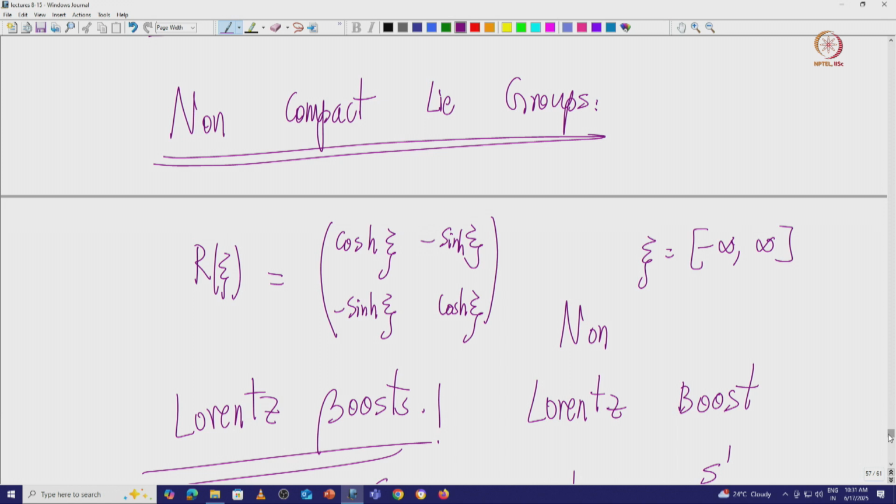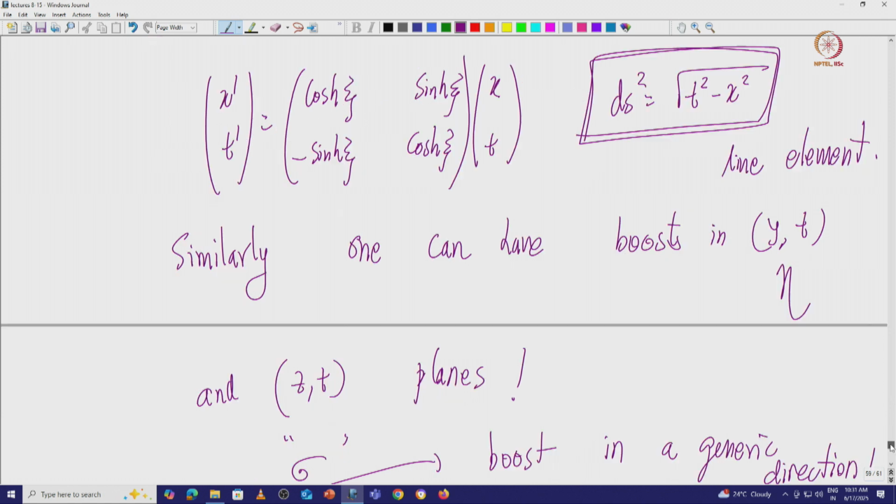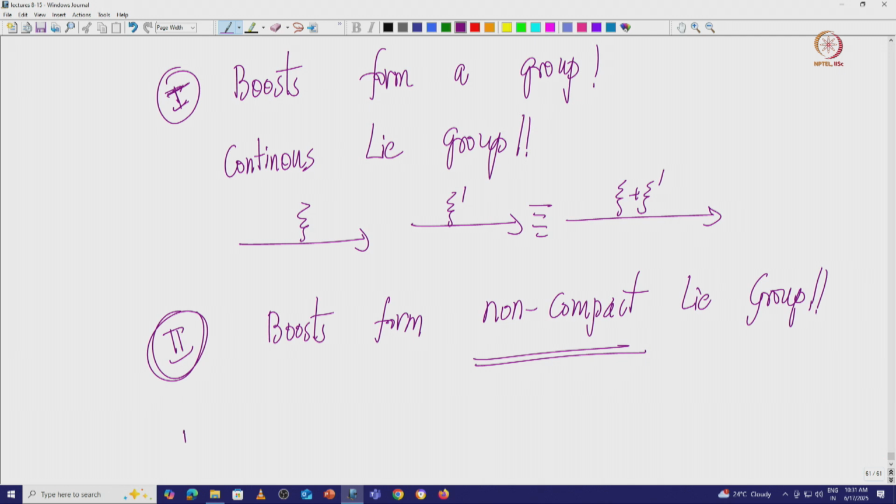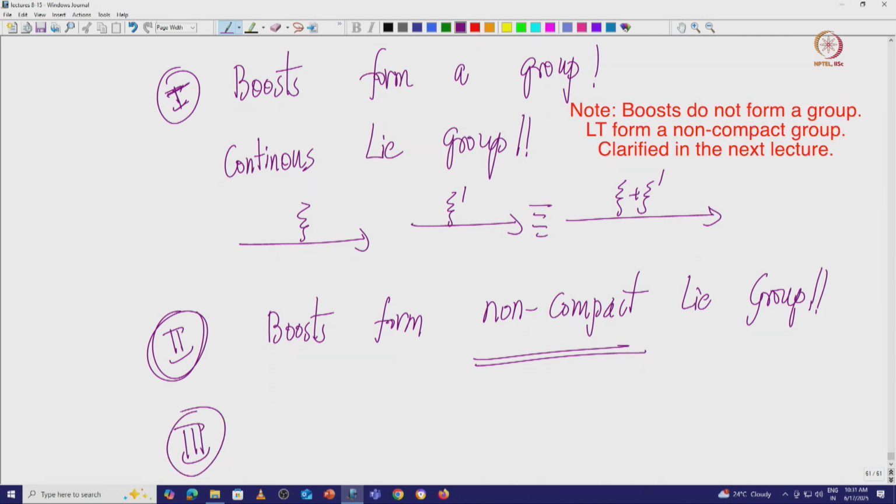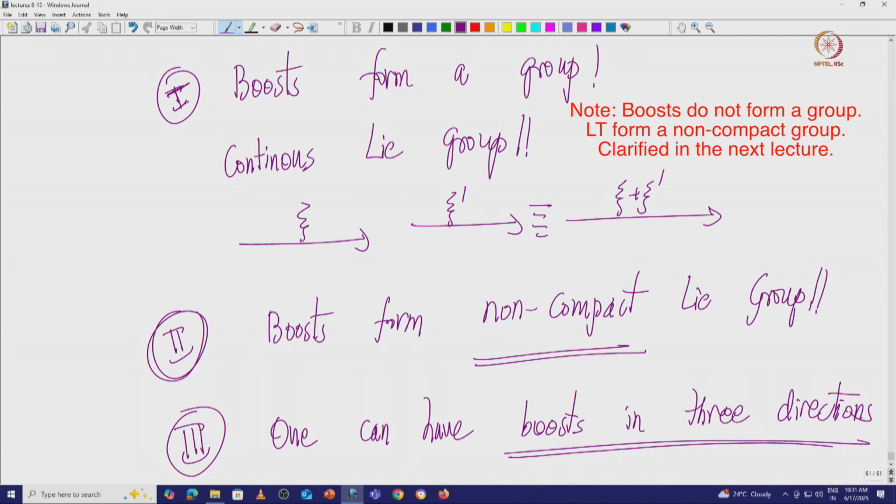Now the third thing is that you can have boosts in three directions. The boost can be in all three directions, so you can have it in xt, yt or zt directions.